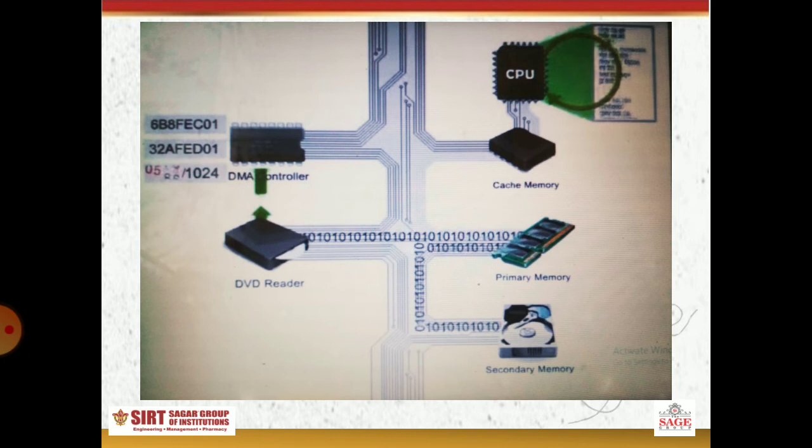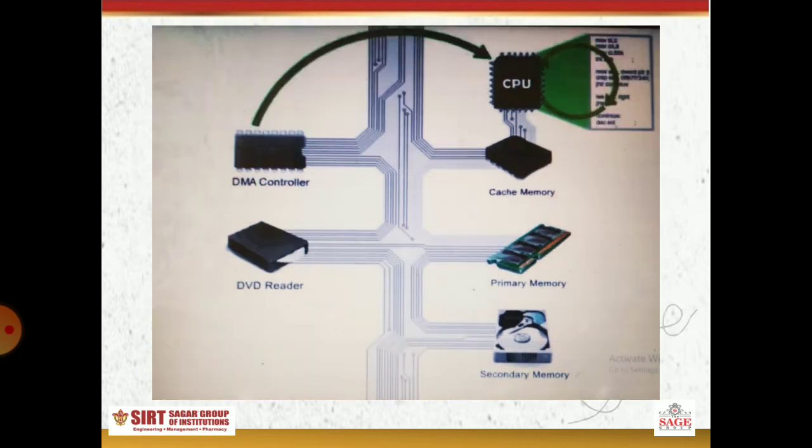So what happens once the data transfer operation completes using the DMA? At the end of the data transfer, the DMA controller generates an interrupt request. What? Interrupt request.